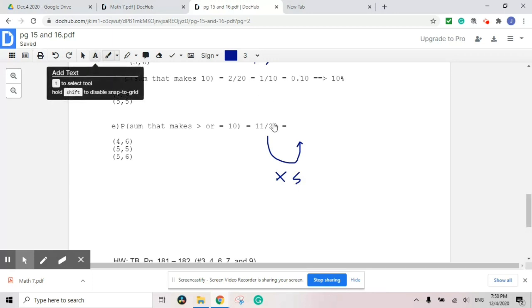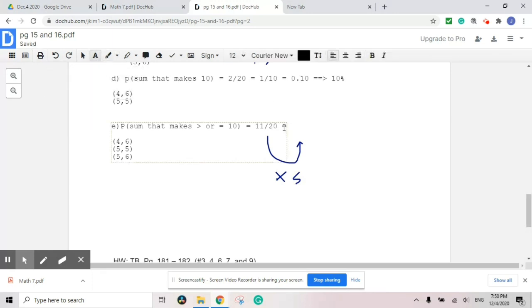Then what I will have in this situation, ladies and gentlemen, is 11 times 5 is 55, right? 20 times 5 is 100. So, long story short, we have 0.55 as your decimal probability, which means if I multiply by 100 or move the decimal place 2 to the right, then I have simply 55%.